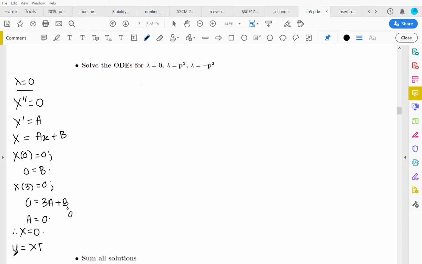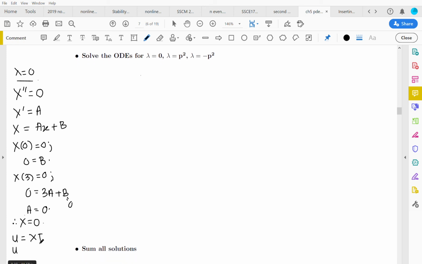So I prefer to mark the solution for this case, for example u1 for the first case, equal to 0, because X is already 0, no need to solve equation T. Okay, so done with the first lambda.